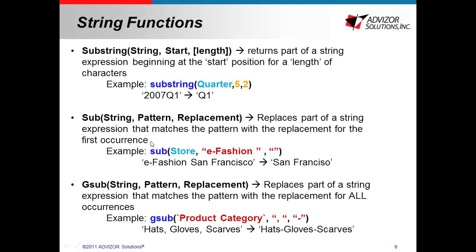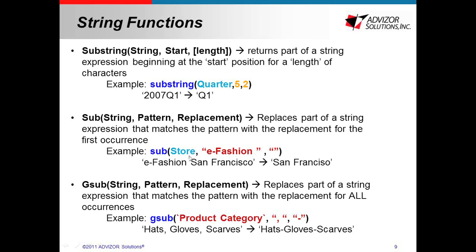If you wanted to completely remove a portion, you would just use quotes with no characters entered between them, like in this example here. So if I had stores, and my store's eFashion, but I just wanted to get the location, I didn't want to have this in front of every location, I could remove it by using the sub function.